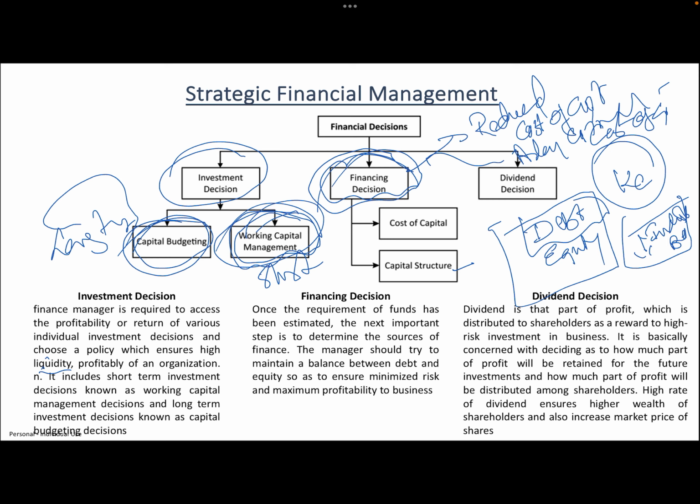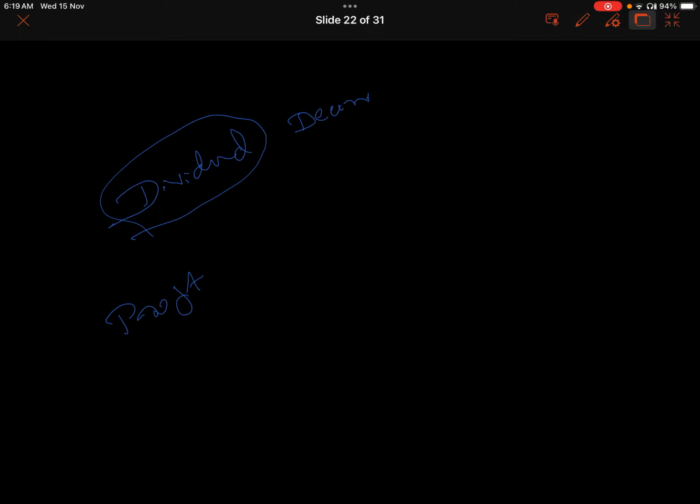Clear, guys? The third one is dividend decision, which is very important. What is a dividend? When the company earns some profit by the year end, it is distributed to shareholders.